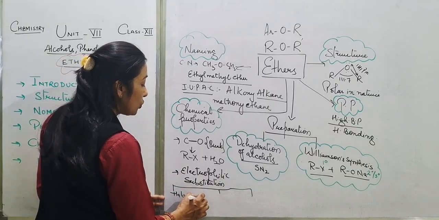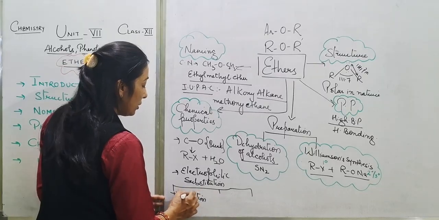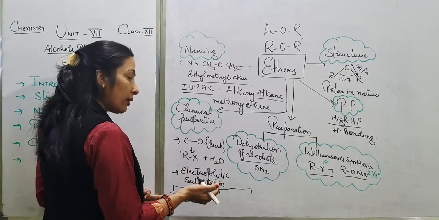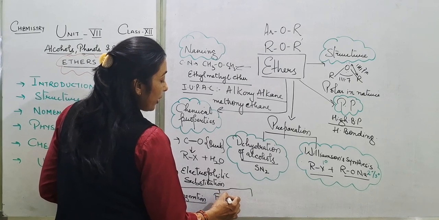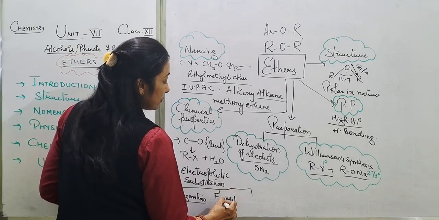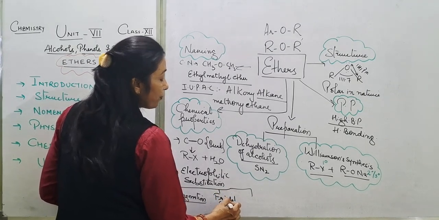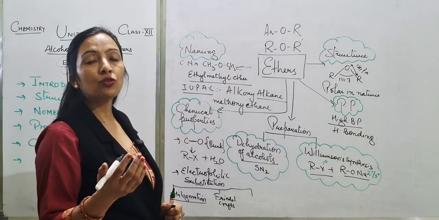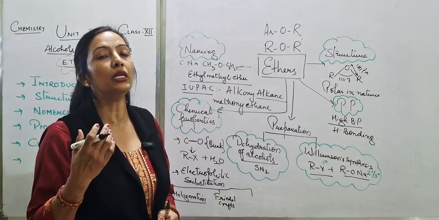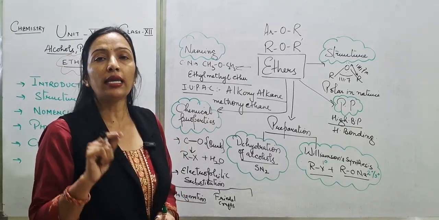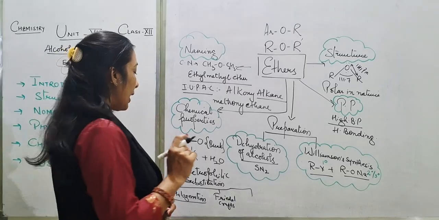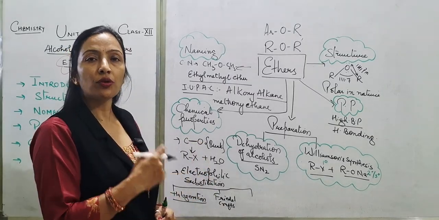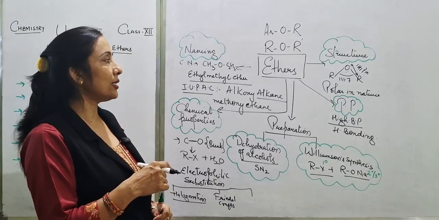We will get two products, ortho and para, or we can have a Friedel-Crafts reaction in the presence of AlCl3, which is known as a Lewis acid and Friedel-Crafts reagent. We can add an alkyl or acyl group to the ether, and you can find my videos on this topic. You can easily get this one.